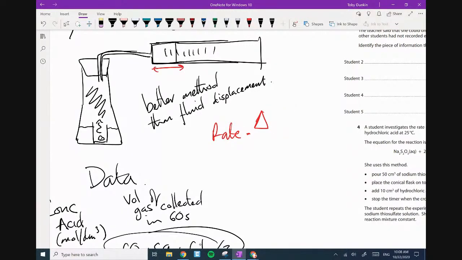If it started at 10 and went to 50, the change is 40. I can measure the gas before and afterwards, and of course change in time is easy.